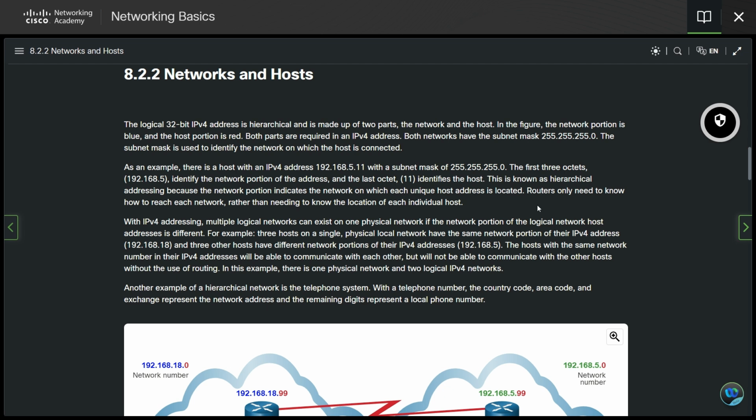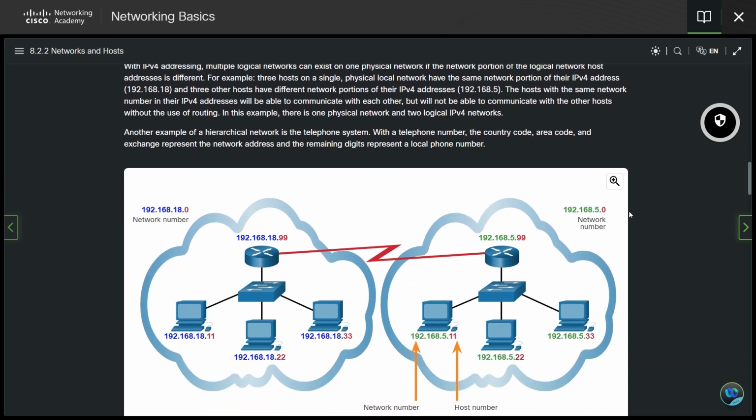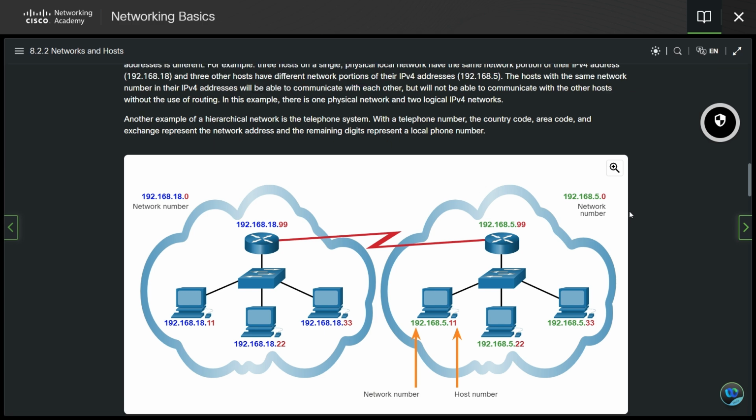In this example, there is one physical network and two logical IPv4 networks. Another example of a hierarchical network is the telephone system, with the country code, area code, and exchange representing the network address, and the remaining digits representing a logical phone number.